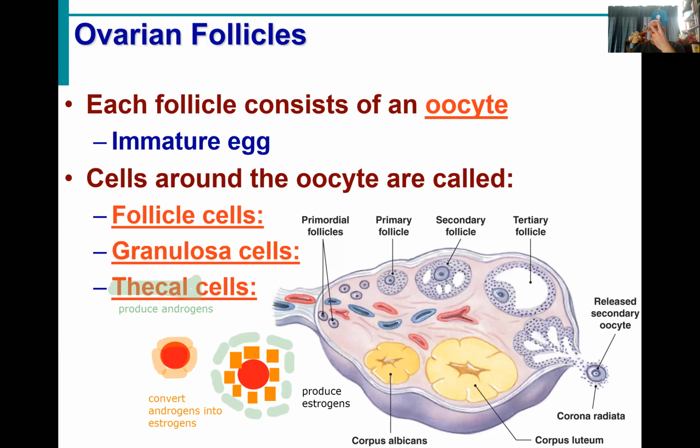But two of those three types, the follicular cells and the granulosa cells, are the same cells at different stages of life. Follicle cells are a single layer of immature cells, whereas granulosa cells can be one or more layers of mature cells. And then thecal cells are their own type.